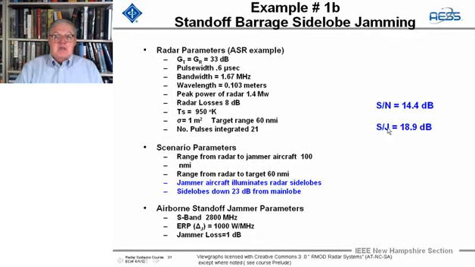The signal-to-jammer ratio, which will include the noise, is 18 dB, which means that you're going to be able to see things okay if you're in the side lobes and you're a standoff jammer. Now, we're looking in the side lobes, and the side lobes are down 23 dB.